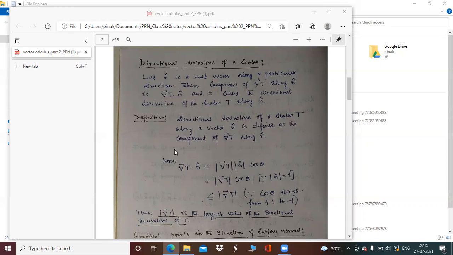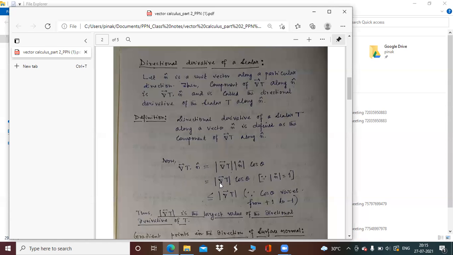Now you see, if you write this directional derivative in terms of the dot product between two vectors in abstract form, then this can be written as grad of T dot n cap is equal to magnitude of grad of T, magnitude of n cap, and cos theta, where theta is the angle between grad of T and n cap.